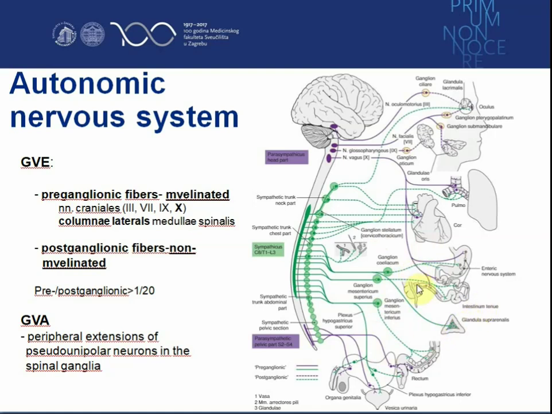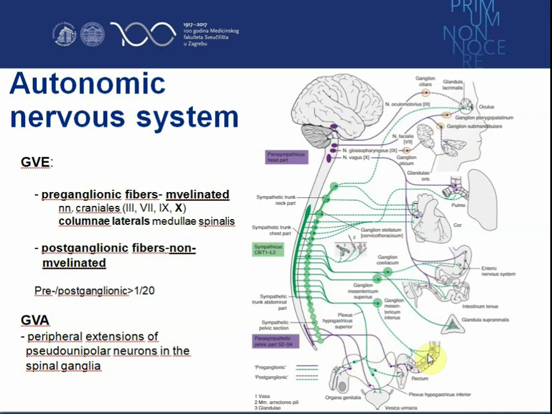reach the target organs. Preganglionic parasympathetic neurons are located in the nucleus of the vagus nerve and in the lateral horns of the segment S2 to S4 of the spinal cord, the latter leaving the spinal cord as the pelvic splanchnic nerves. And parasympathetic neurons mostly switch near the target organs, and therefore the postganglionic axons of the parasympathetic system are short.